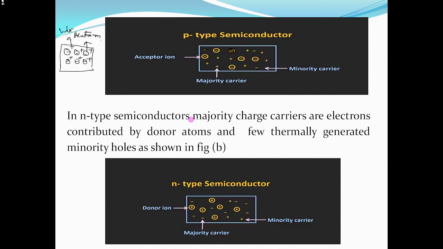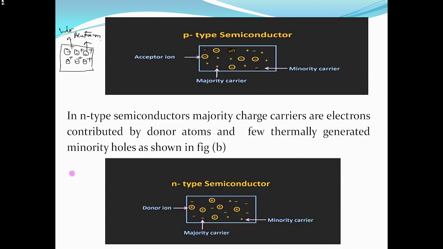Next, in the N-type semiconductor, what are the majority charge carriers? The majority charge carriers are electrons. These electrons are donated by donor atoms.